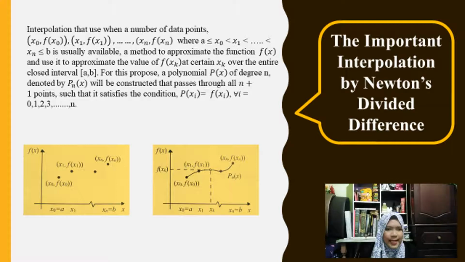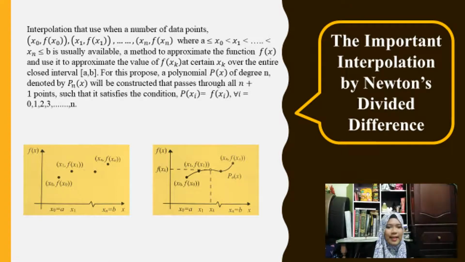For this purpose, a polynomial p(x) of degree n, denoted by pn(x), will be constructed that passes through all n plus 1 points such that it satisfies the condition p(xi) equals f(xi), where i is 0, 1, 2, 3, and so on until n.